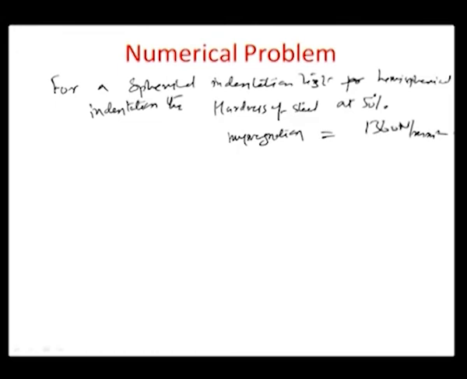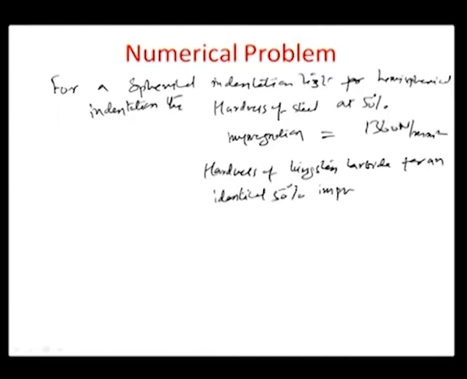The problem already defines such a hardness in terms of the tungsten carbide. So, hardness of tungsten carbide, that is the workpiece material, for an identical 50% impregnation, is given to be about 6900 Newton per millimeter square.